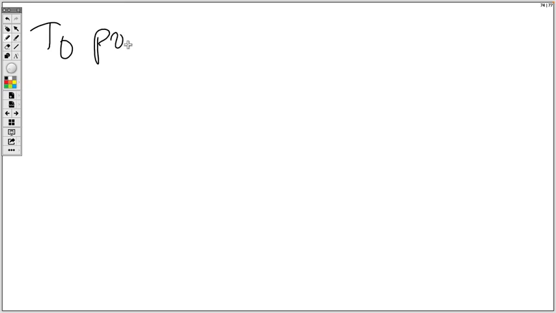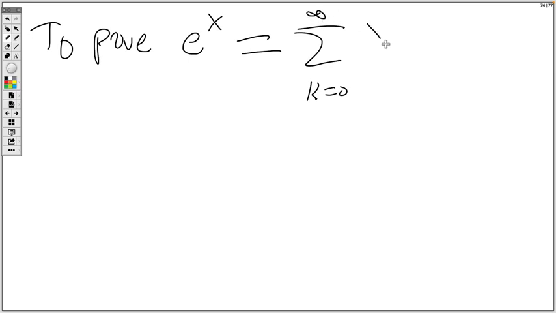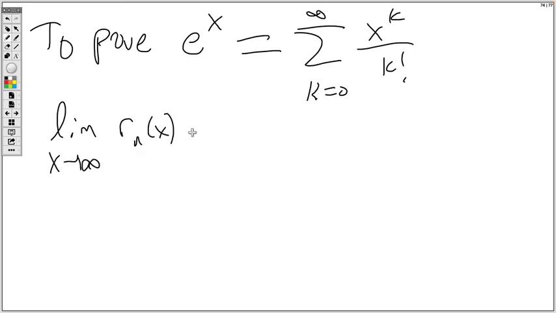So to prove e to the x actually equals this, we got to show that the limit as n goes to infinity of the remainder is 0 for all x. So I go to the remainder theorem, Rn of x.